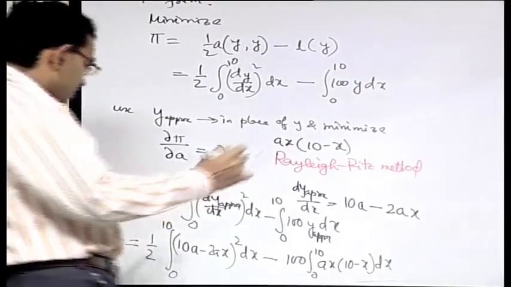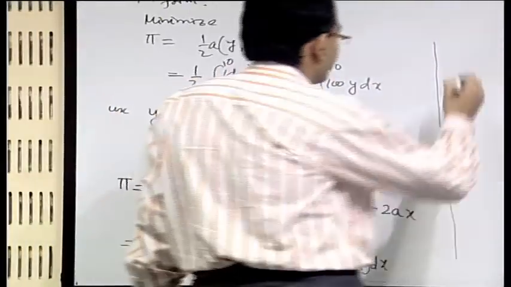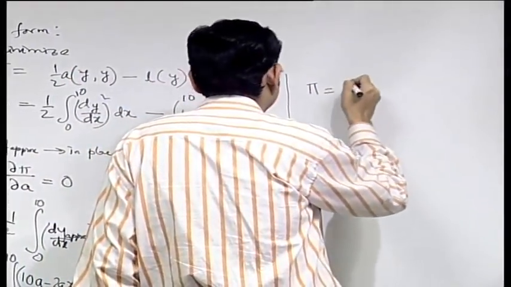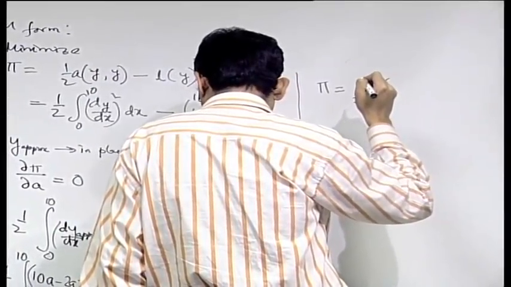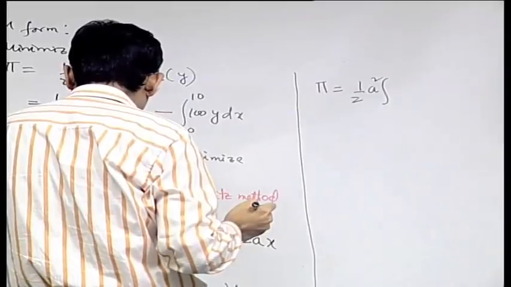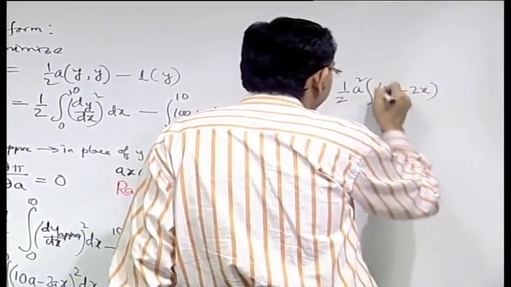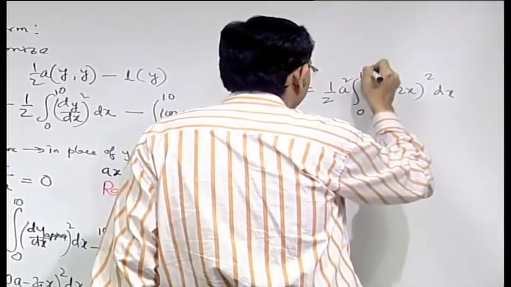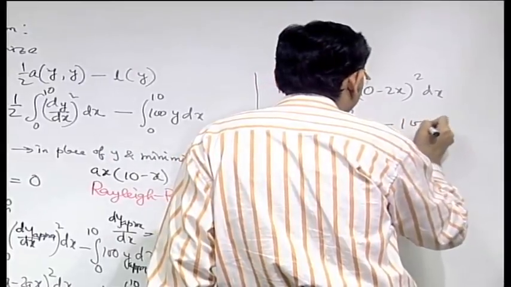The remaining part is simple algebra. If you help me, then we can do it a bit quickly. There will be one a square, then (10 minus 2x) whole square dx, 0 to 10, minus 100 a times the integral.